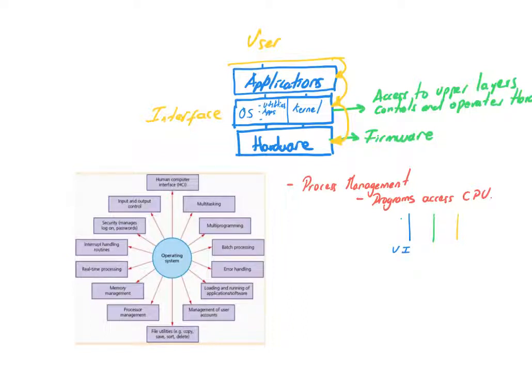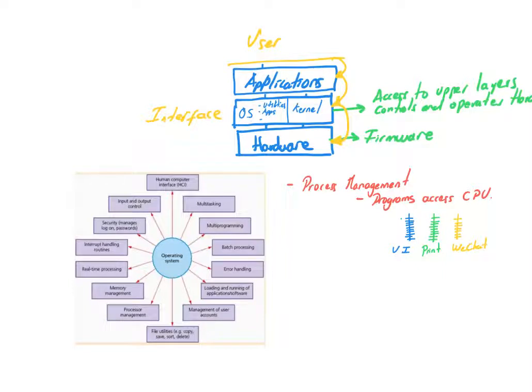Let's say that the green is, I don't know, printing service, and that the yellow one is WeChat, right? These are three different processes, and each one of those lines is made out of a lot of instructions. They each have code that is to be executed in the computer.